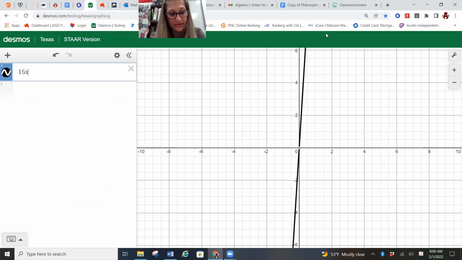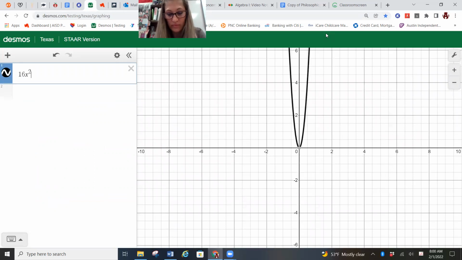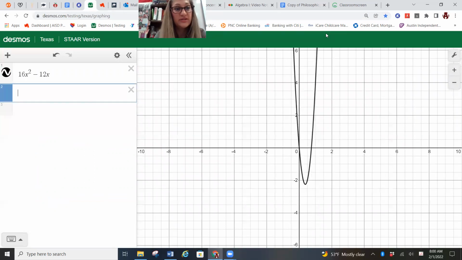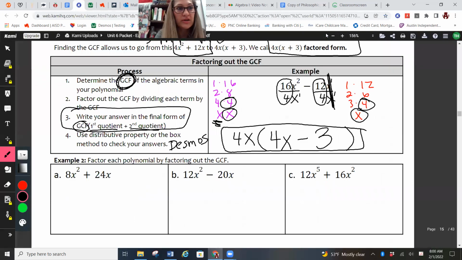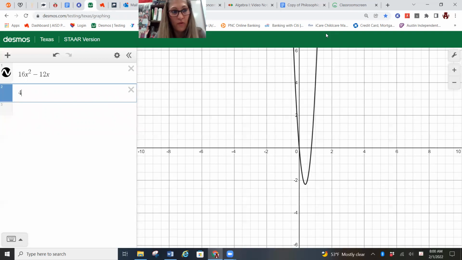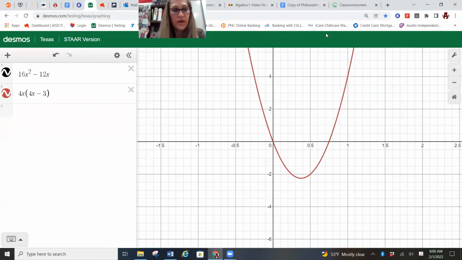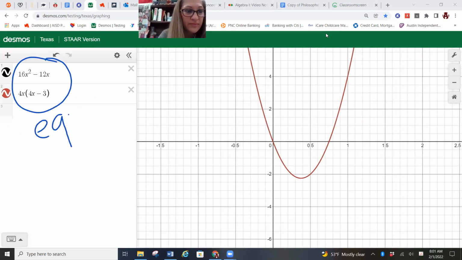Type in the problem, then type in your answer: 4x times x times 4x minus 3. Notice my red and my black match the graphs. That means that these are equivalent.